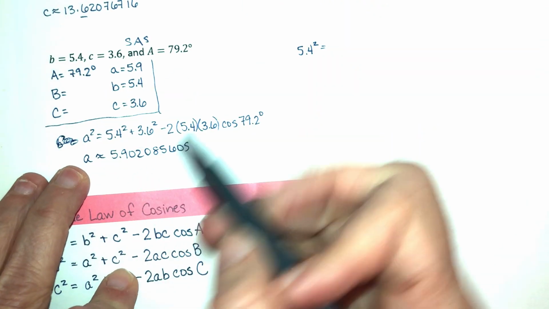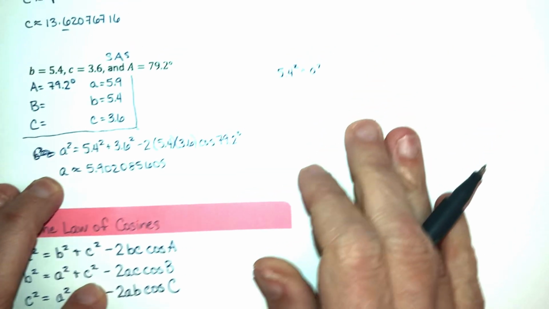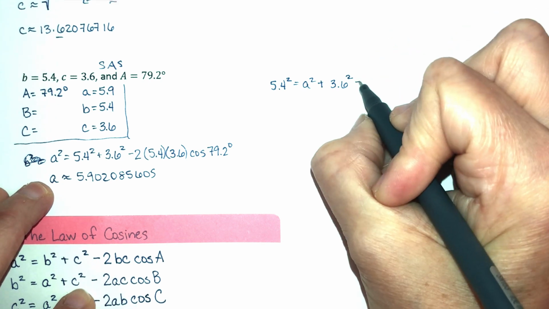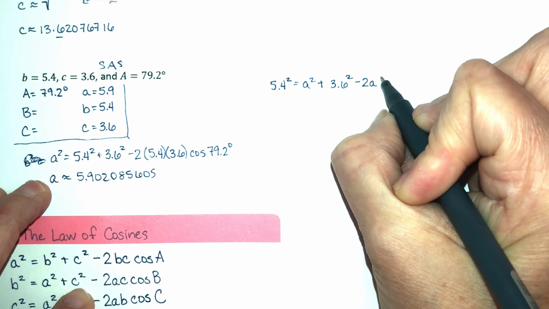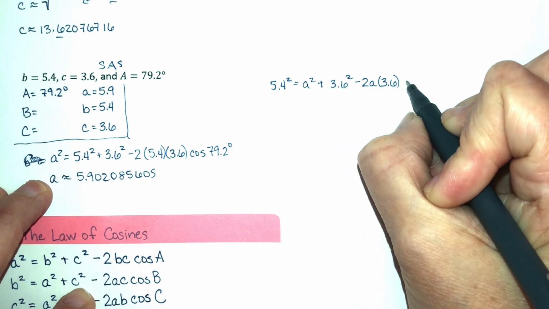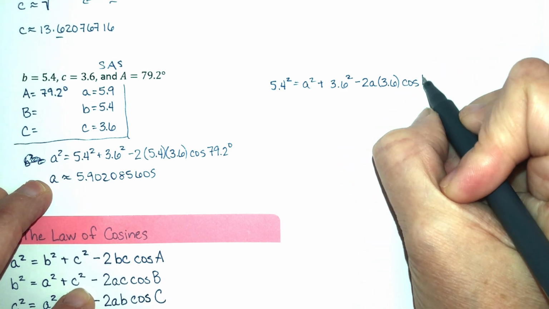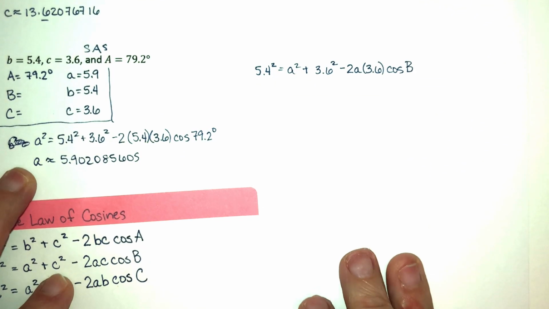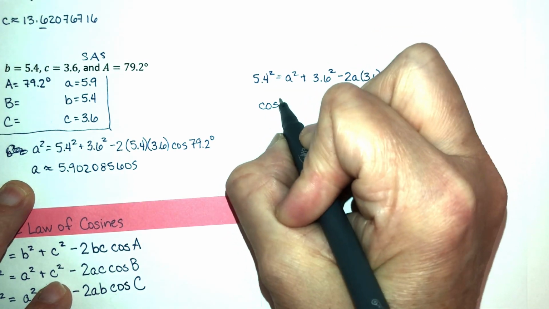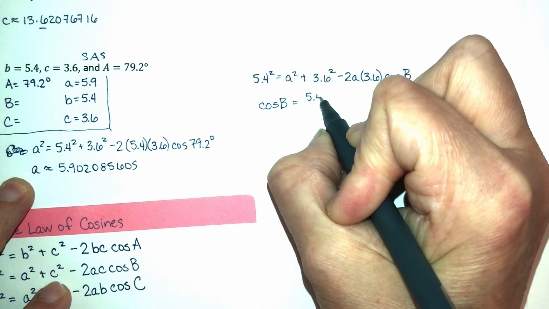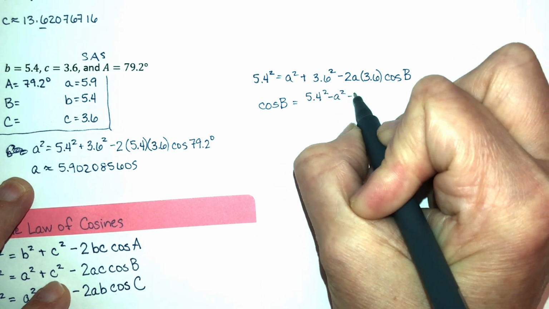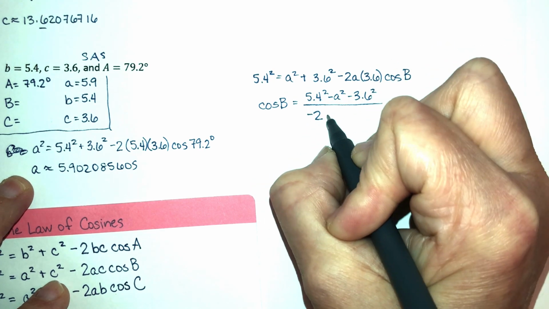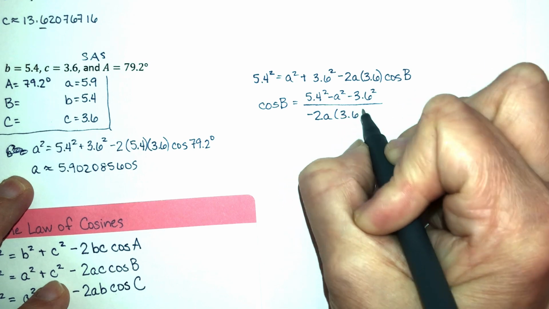And since A is the one I calculated, I'm going to leave it as A. Minus 2 times A times C times cosine of angle B. Now, just like on the previous problem, cosine of B is going to equal 5.4 squared minus A squared minus 3.6 squared over negative 2A times 3.6.